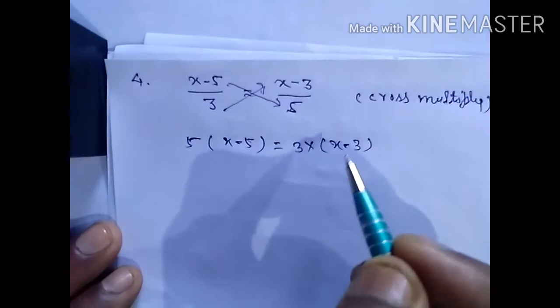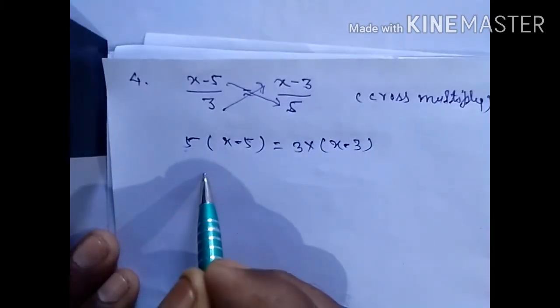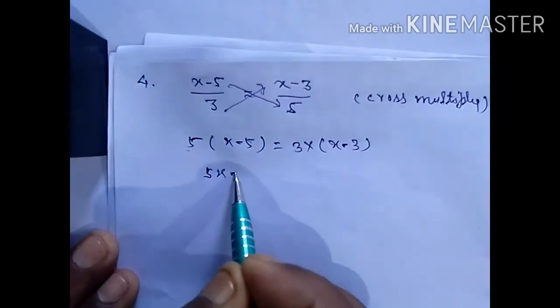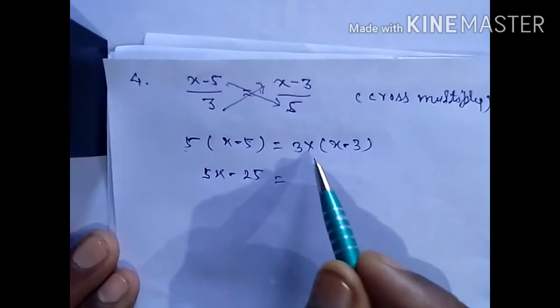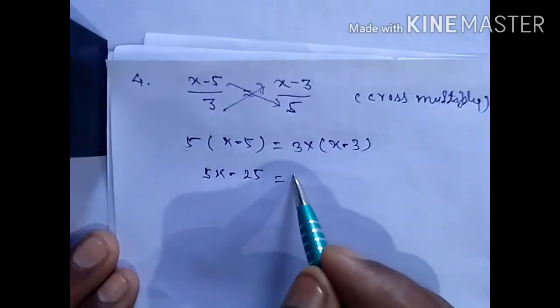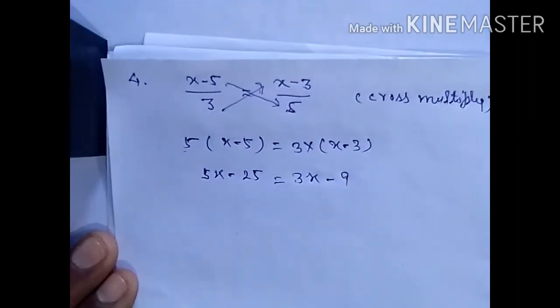After cross multiplying we will write it like this: 5 into x minus 5 is equal to 3 into x minus 3. Now it will be 5 into x, that will be 5x minus 5 5s are 25 is equal to 3x minus 3 3s are 9.